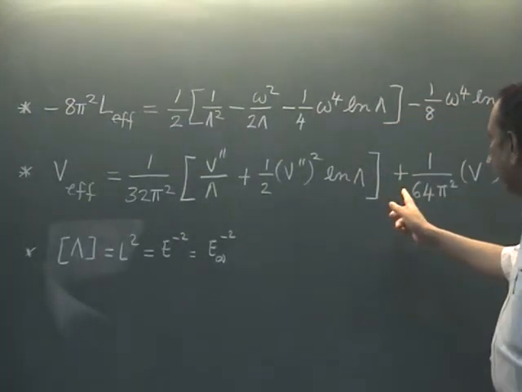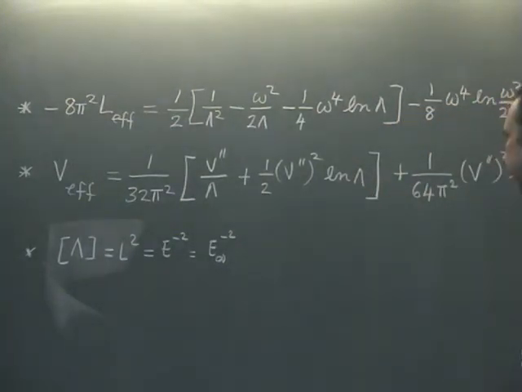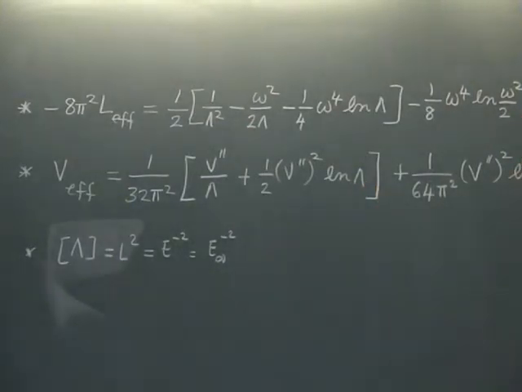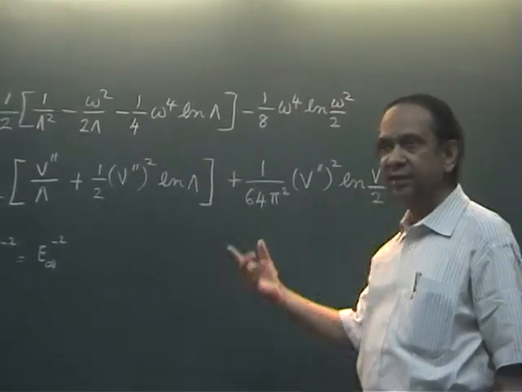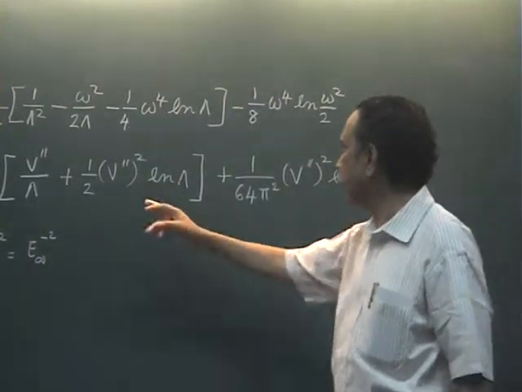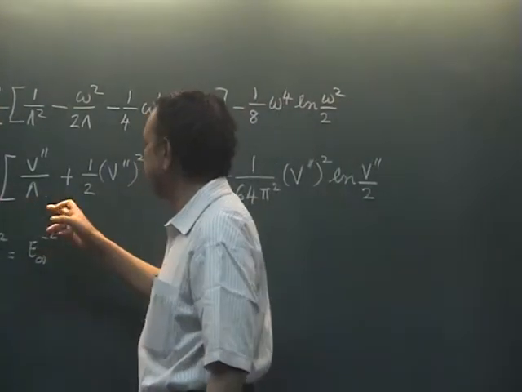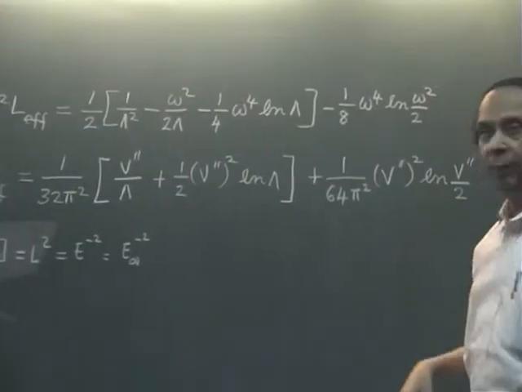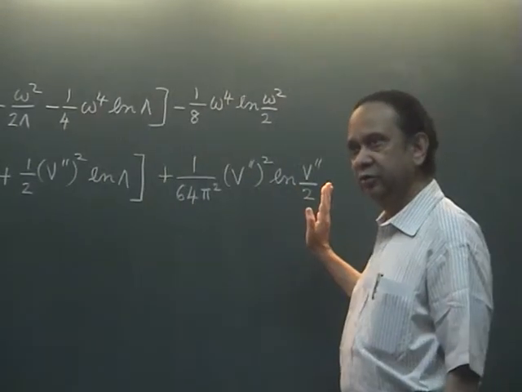Then, if you look at the structure of this, I also pointed out that this is a little disturbing. You don't want to have a logarithm of a quantity with dimensions. So in principle, I could have divided this by some parameter, and I could have put the same parameter here, because you notice that this term with 32 pi squared and the term with 64 pi squared both have V double prime squared, so the logarithms will add up.